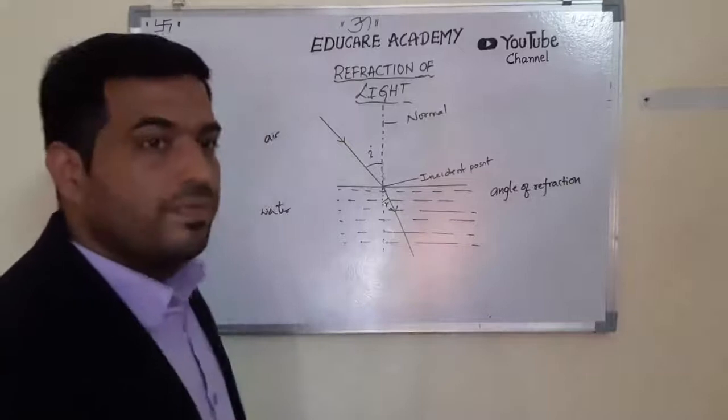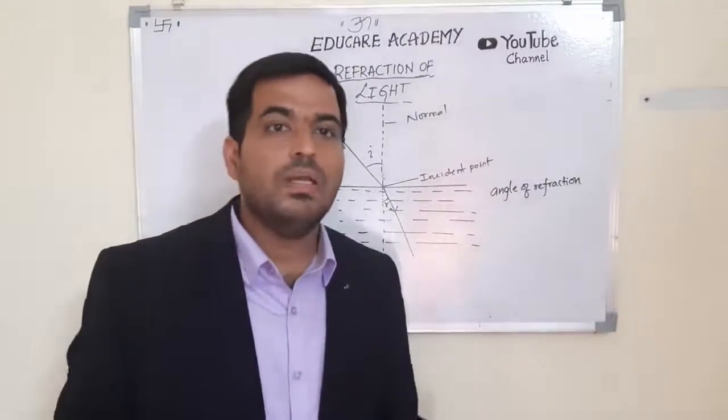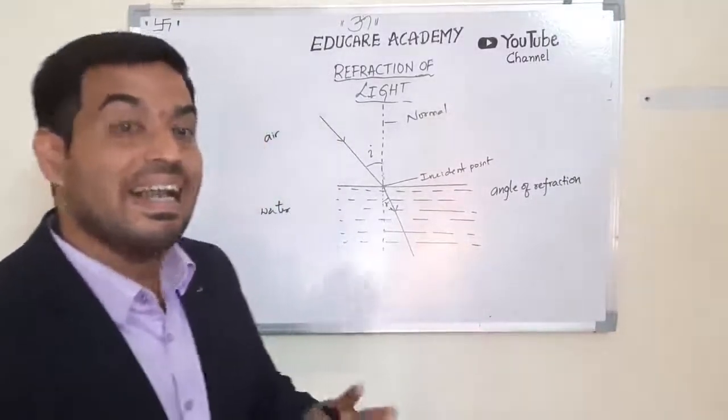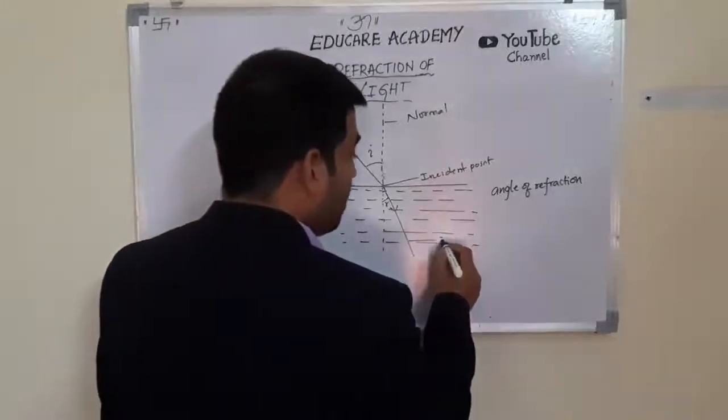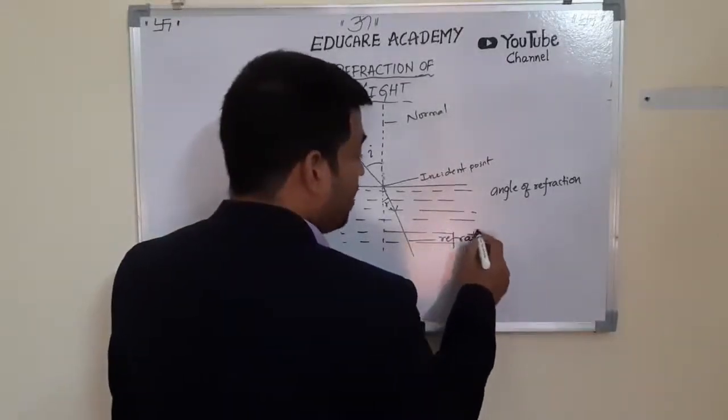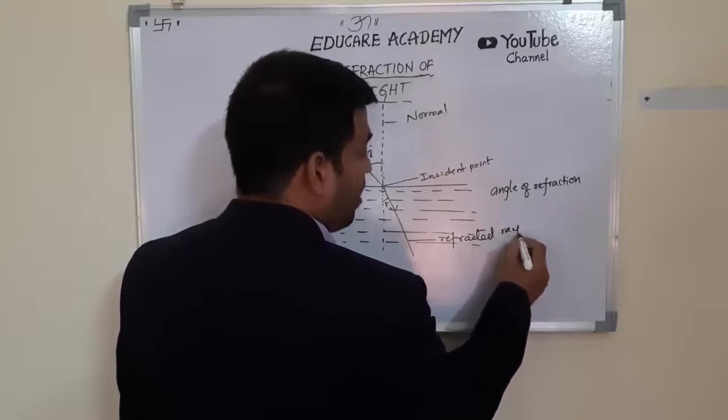So what is the angle of refraction? The angle between the normal and the refracted ray. This ray is called the refracted ray.